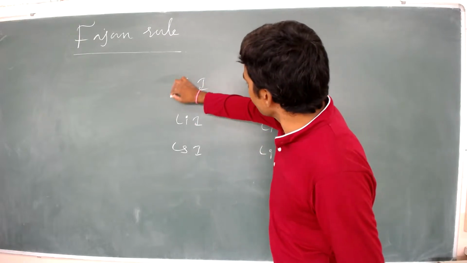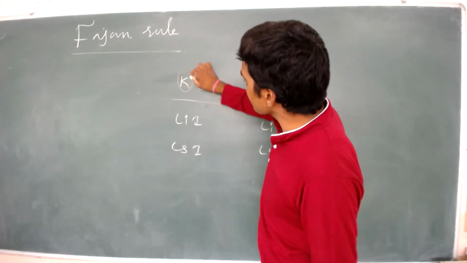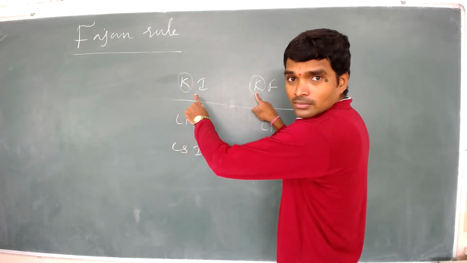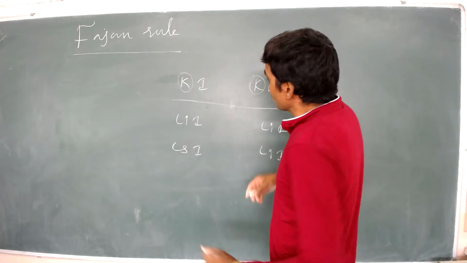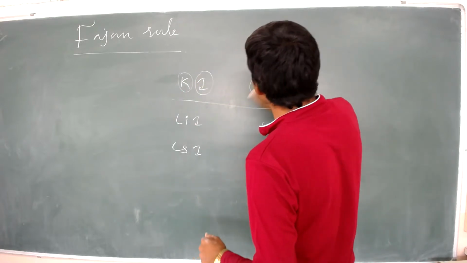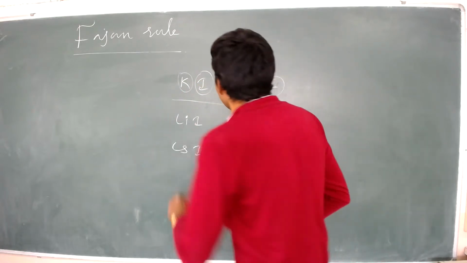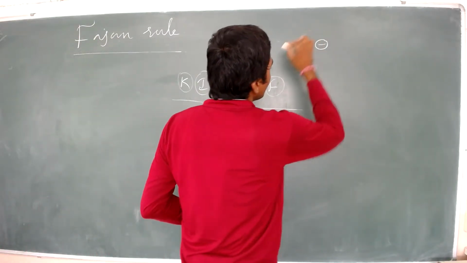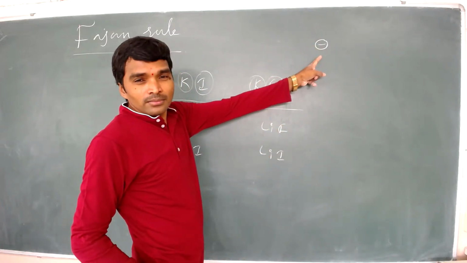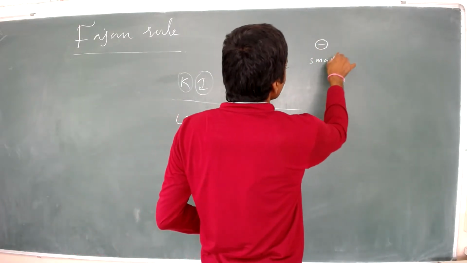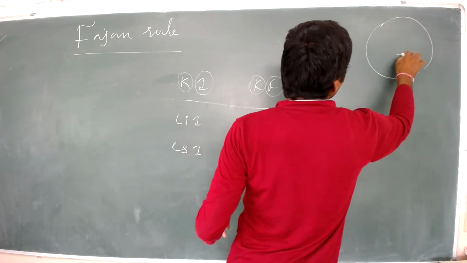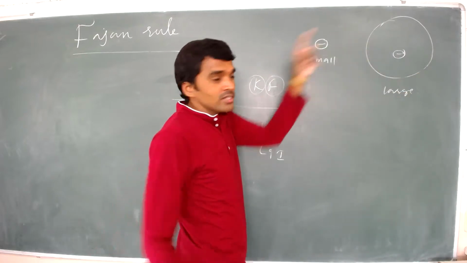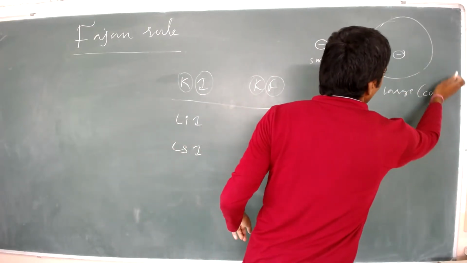Now see, in these two examples, here potassium, here also potassium, so with respect to potassium we can't say. Here iodine is there, here fluorine is there. Now see, negative atom, large size forms a covalent bond.